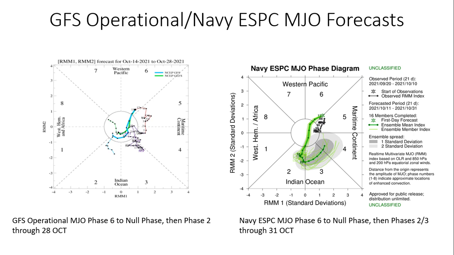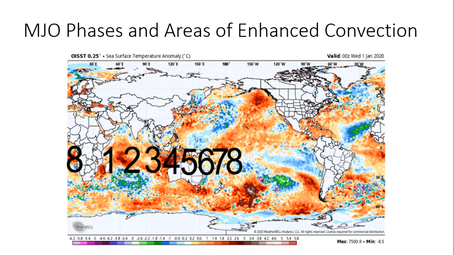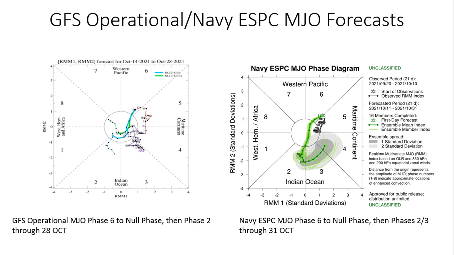Now, eventually, the GFS operational around the 27th, 28th of October shows the MJO going into Phase 2, which is Indian Ocean convection. Phase 2 would be that enhanced convection in the Indian Ocean, right there. So in general, we're moving to Phase 2 again on the GFS operational on the left.